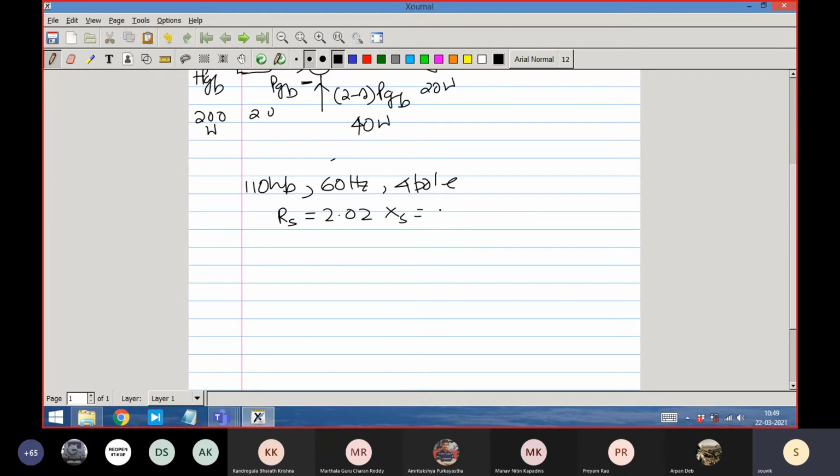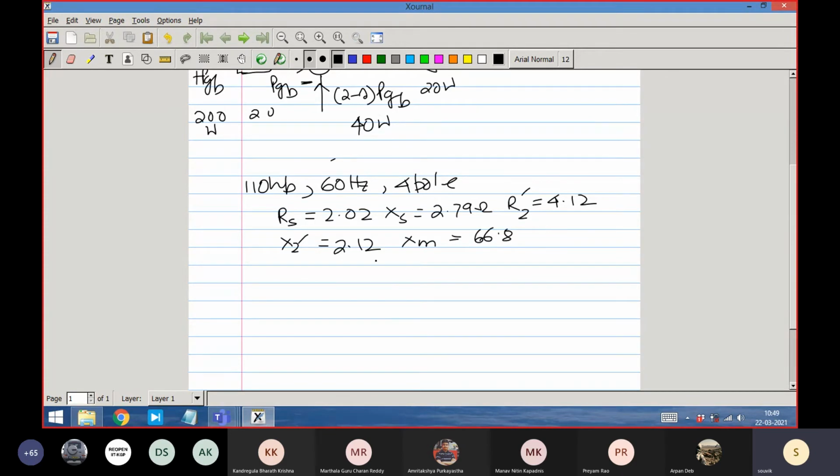XS is equal to 2.79 ohm. R2, not R2 by 2, but R2 original itself, R2 dash we may say 4.12. X2 dash is equal to, we can say 2.12, and XM we can say, all referred to the stator, 66.8, all are in ohm.